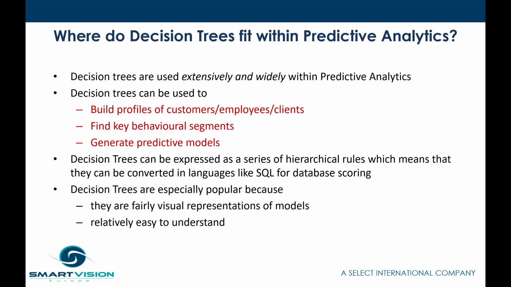And they can be expressed as a series of hierarchical rules, which is good because rather than using a formula, like logistic regression, where you often get quite a complex formula out which will generate a probability value for you, decision trees are just a series of rules saying, if somebody is male and they're aged over 30 and they live in this region and they've bought this product, then there is an X% chance they will fall into a particular group.